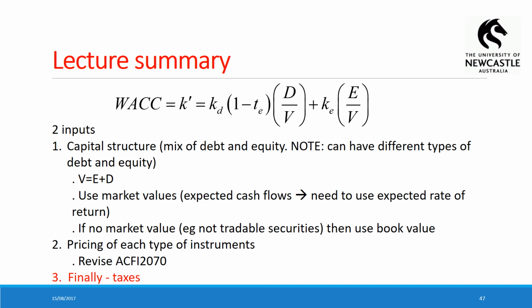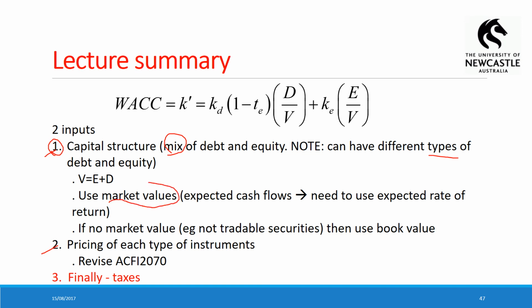So in terms of the calculation of the overall cost of capital, we have two inputs here. We first have to look at the capital structure to identify the mix of debt and equity, right? We can have different types of debt and equity here, and we have to make sure that we take into account all the different types.